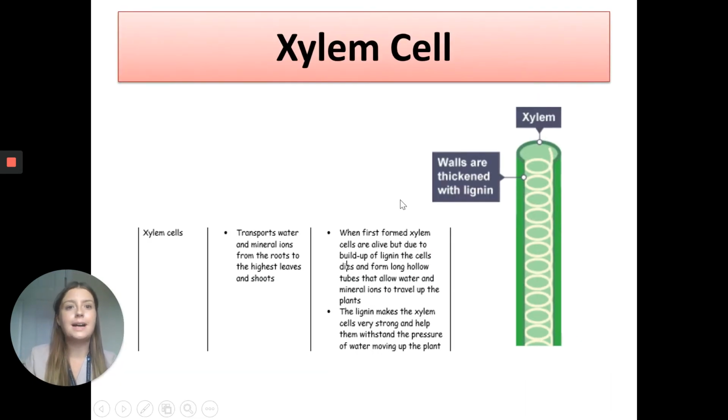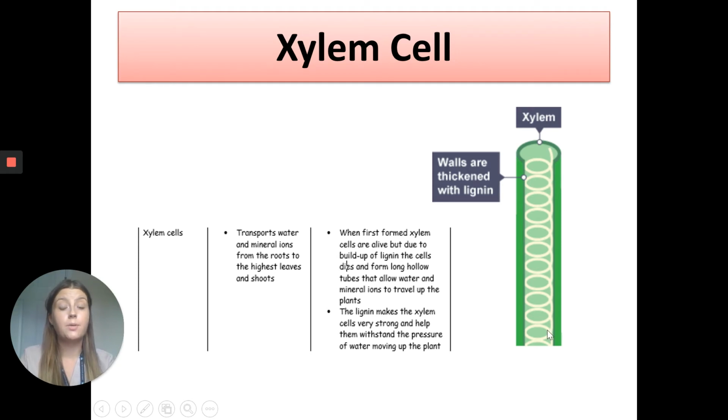Okay, so now we've got xylem. So xylem is what's responsible for transporting water from the roots right up to the highest leaves. Okay, so when xylem is first formed, the xylem cells are alive. However, this buildup of lignin means that the xylem will then die, and then that forms this hollow tube.